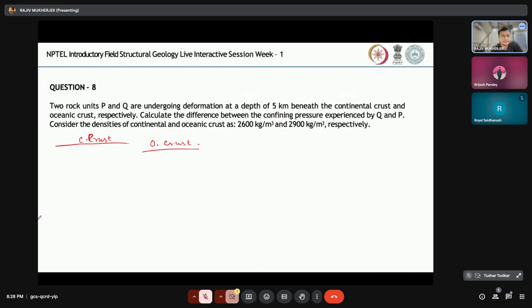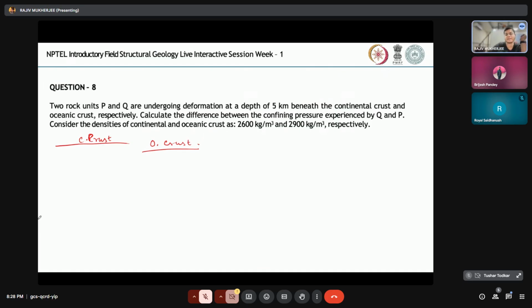What do you think? Thicker or say denser? Density is given, so obviously you know that oceanic crust is much denser than the continental crust. I am talking about the thickness. So the general average thickness of both of the crust, which one is thicker? Oceanic crust.